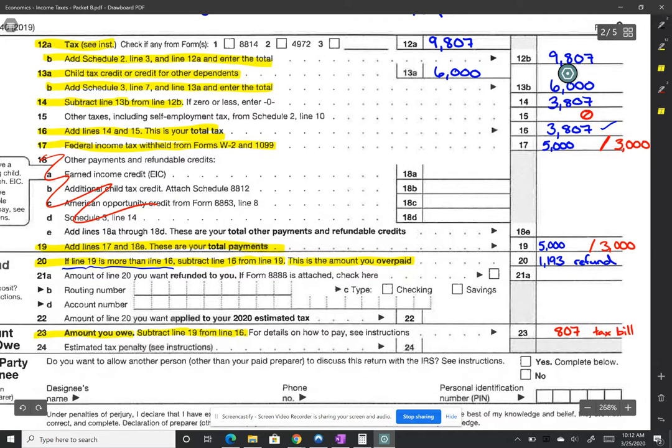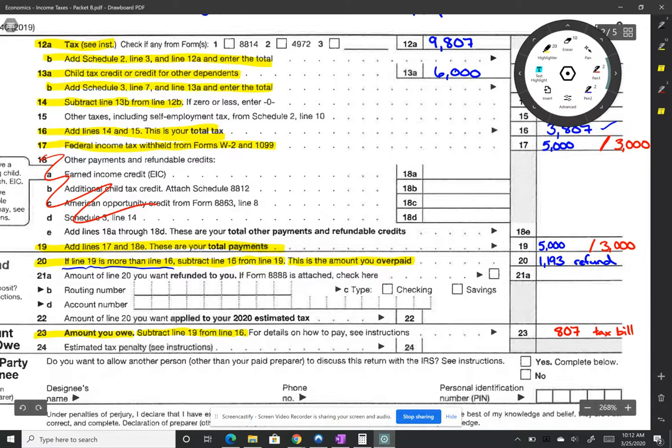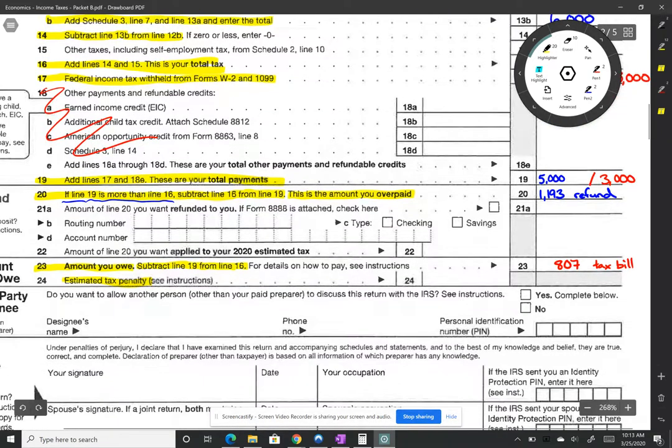Okay, and so they have to pay. They have to write out a check. If this was the scenario, the reality, they would have to write out a check for $807 to send to the IRS with this return. Okay, otherwise, there's going to be penalties and interest if they don't send it right away. So they got to send it.